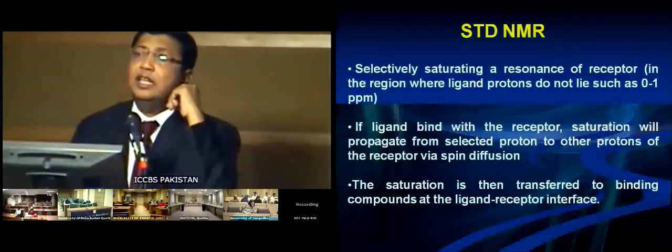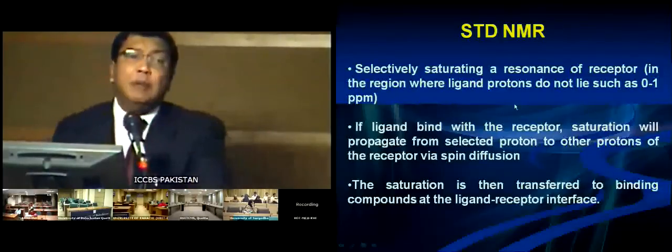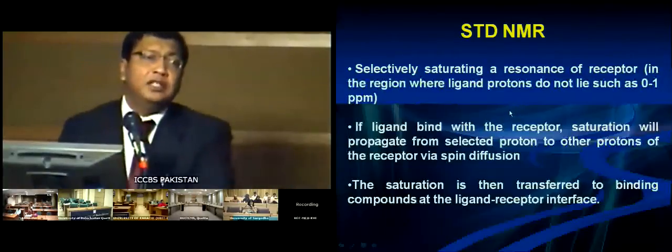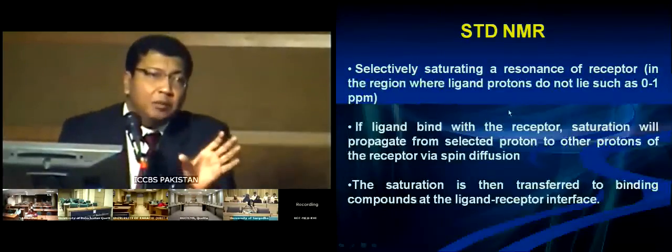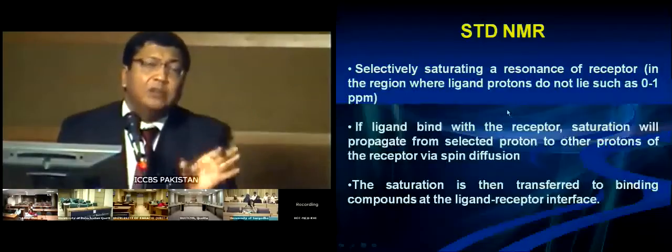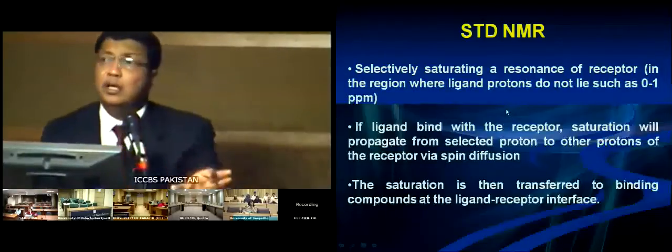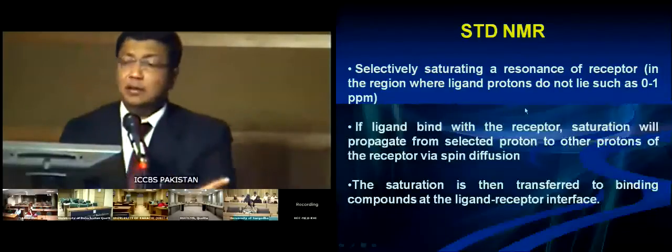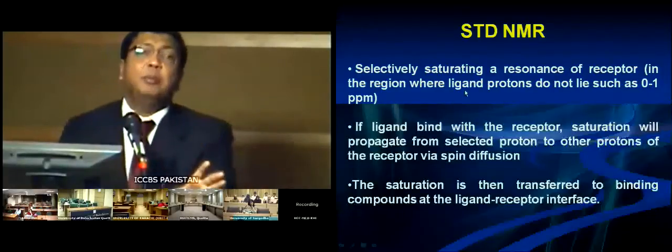And this STD NMR spectroscopy is called epitope mapping. You want to understand which part of the molecule is actually interacting with the active site of the receptor or an enzyme. That is epitope mapping.